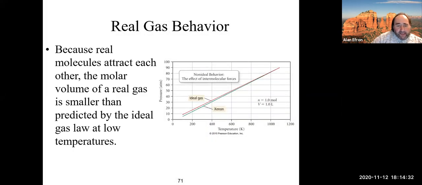Now, when we look at real gases under low temperatures, we again do start to see some deviation from ideal behavior. As I was mentioning before, at those low temperatures, they are definitely moving a lot slower. They're going to be in contact with each other for a longer period of time, and that is going to make attractive and repulsive forces really come into play.